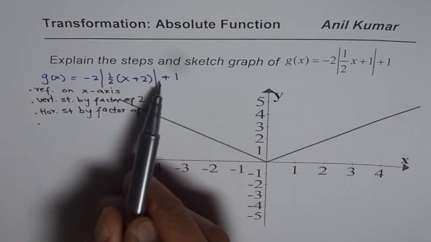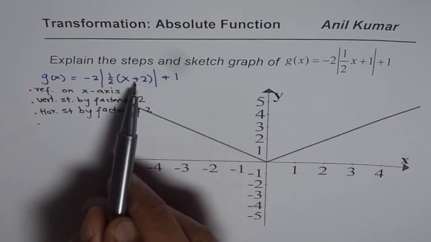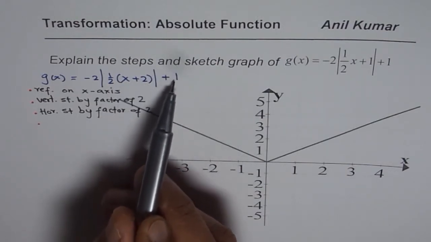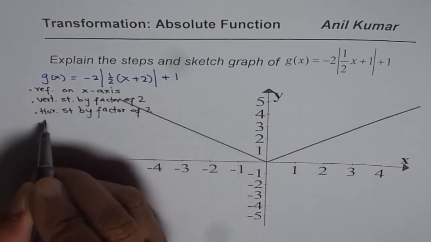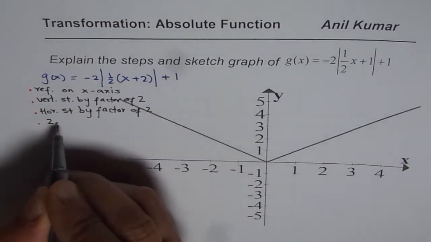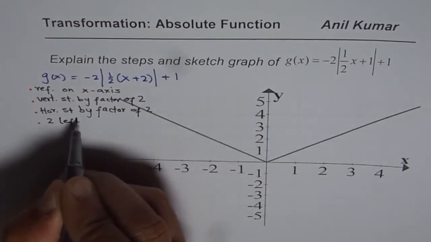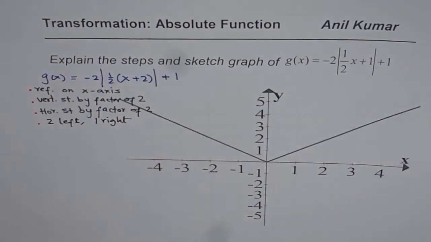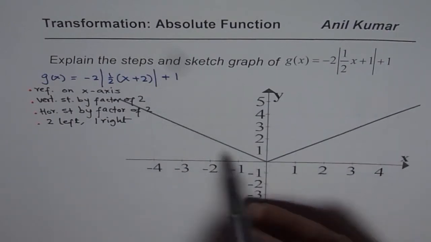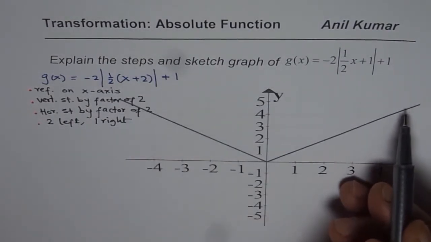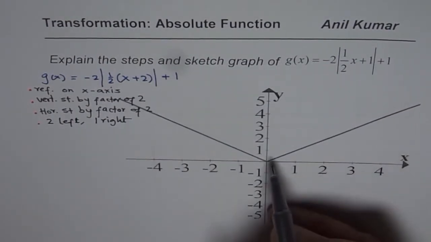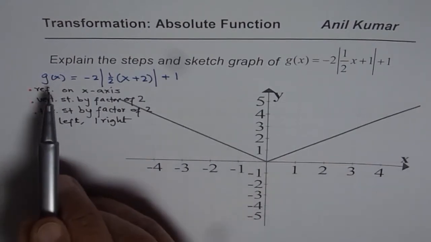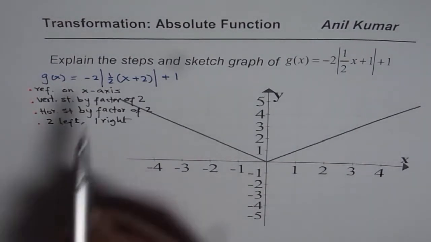Let's combine both translations. Horizontally, it is 2 units to the left, and 1 unit up vertically. So in short form, 2 units left and 1 up. So these are the transformations which the parent absolute function should go through to get the graph for the transformed g of x function.